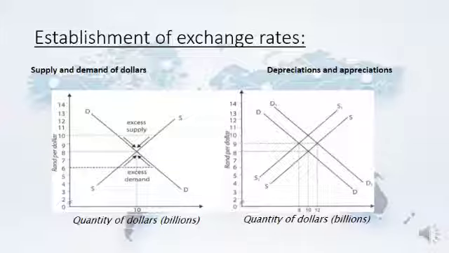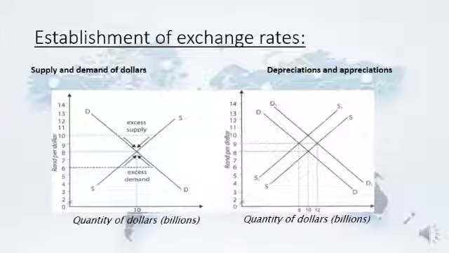So we are paying more rands for each dollar, which means the dollar has appreciated, and at the same time the rand has depreciated. Now if we look at a shift in the demand curve, so what would cause an increase in the demand for dollars? Anything like South African businesses importing more goods from US companies, or South African tourists visiting the USA and obviously exchanging their rands for US dollars.